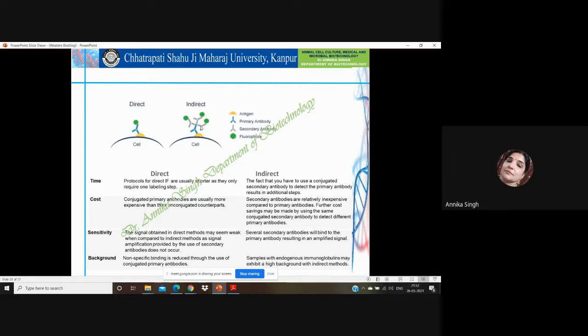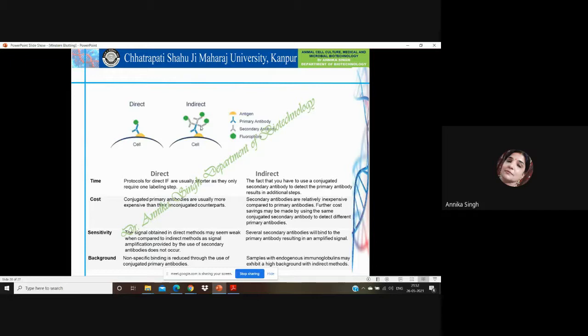Actually, first a cell or a sample which is present in a particular ELISA plate or some slide is coated with an antigen, or it is filled with a serum sample, and then it is exposed to the primary antibody.